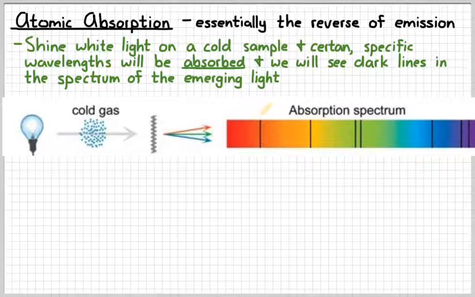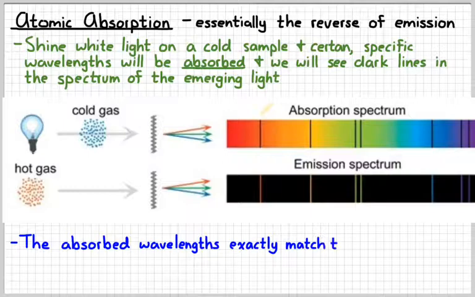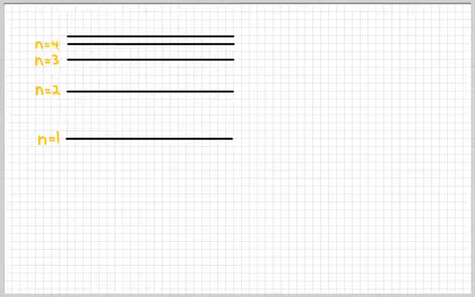And if you lay that picture side by side with an emission spectrum, you'll notice that the dark lines in the absorption spectrum line up exactly with the bright lines in the emission spectrum. So these wavelengths that were emitted before are the same as the wavelengths that are absorbed when you shine white light through the sample. And so let's see if we can draw our energy level diagram picture and understand how that occurs.